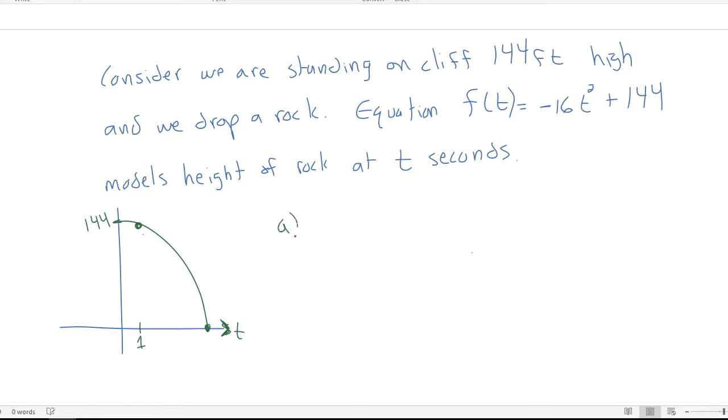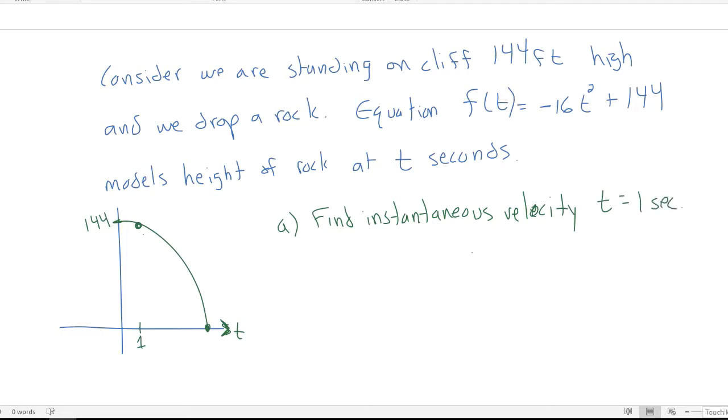Let's say letter A, let's find the instantaneous velocity at t equals 1 second.